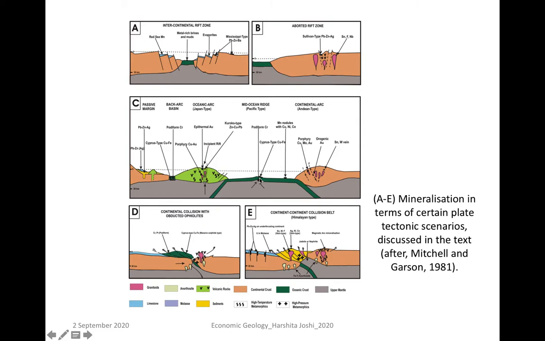Going away from the mid-oceanic regions, copper, nickel, cobalt, and as you go again towards the continental part, as we already discussed, you may find gold, copper, molybdenum, etc. Okay, so depending upon the plate margins or the interaction of the plates, you get the occurrence of various minerals. So the plate tectonic scenario is what controls the presence of various economic minerals.